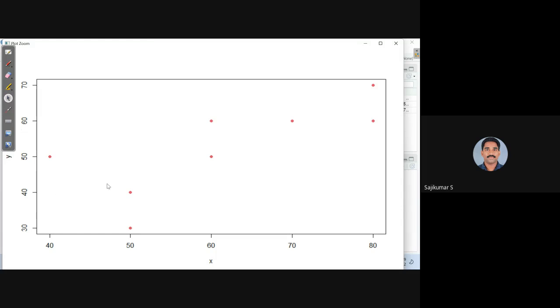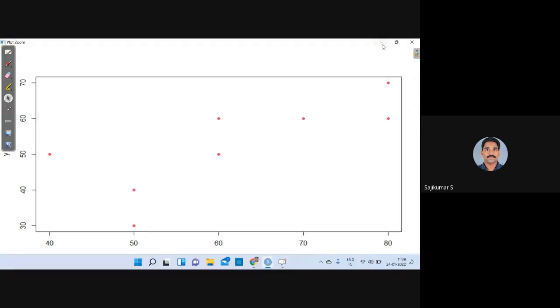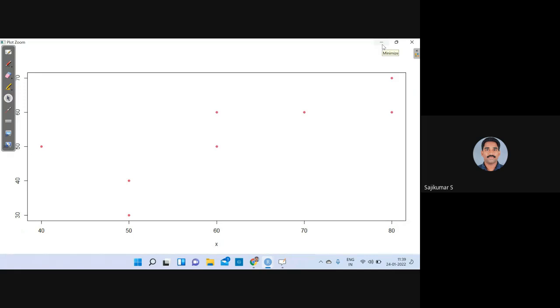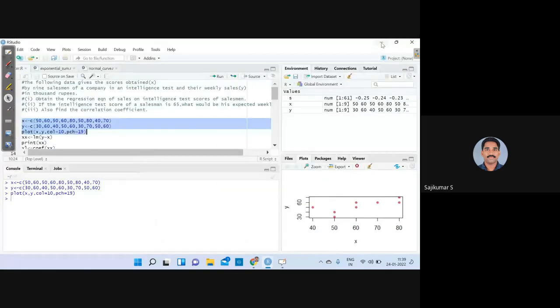So the computed relation will be of the form y is equal to a plus bx. From this diagram, can you expect a positive correlation, negative correlation or no correlation? This is the scatter plot of our 9 observations.